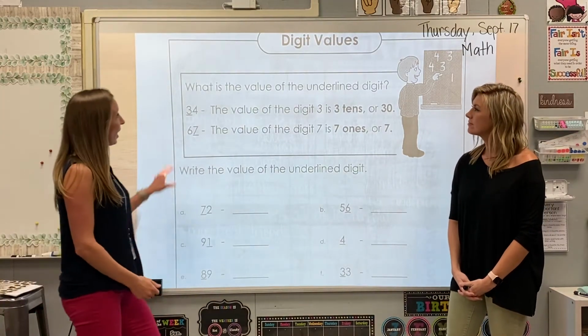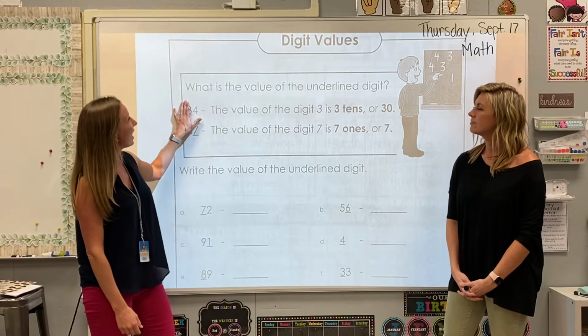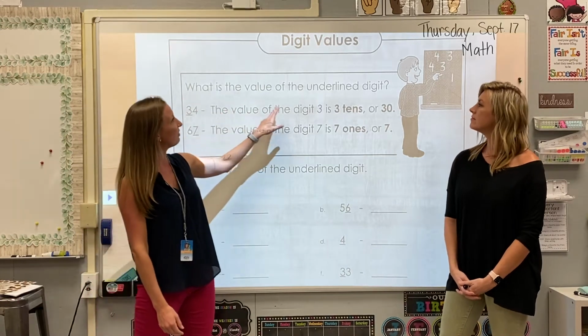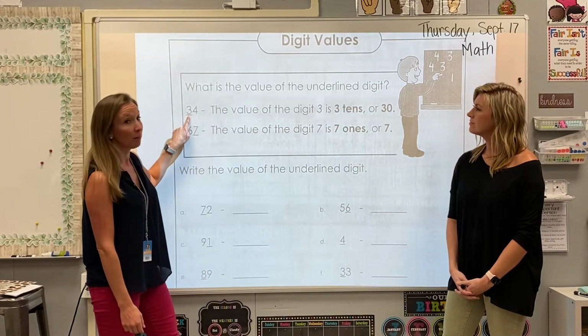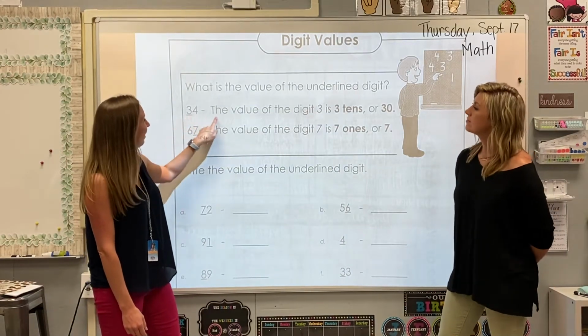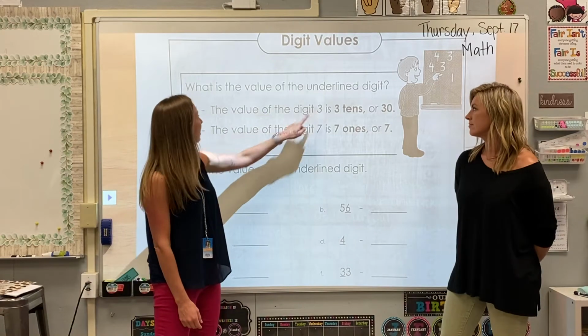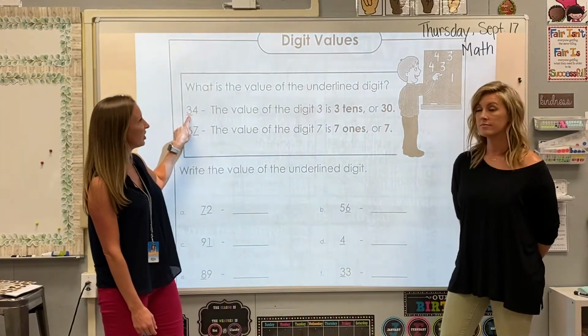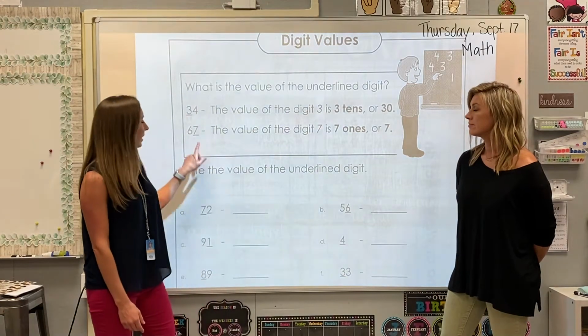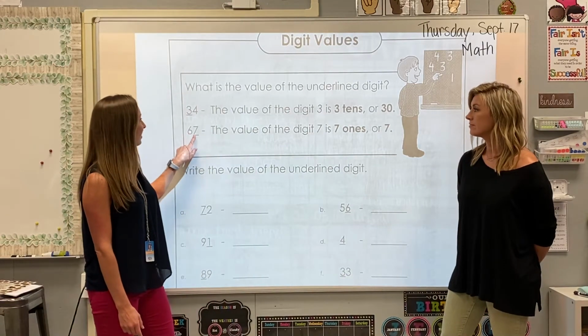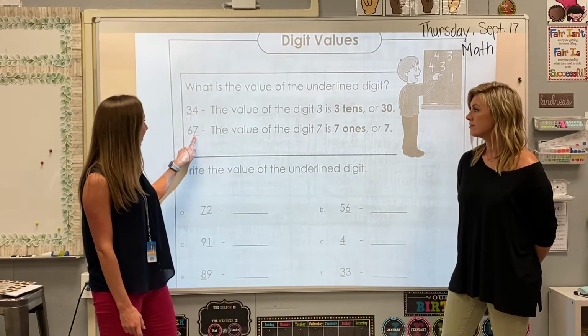All right, so our directions at the top ask, what is the value of the underlined digit? For example, in the number 34, the value of the digit 3, which is the underlined digit, is worth 3 tens or 30. In our second example, the number 67, we have the 7 underlined.